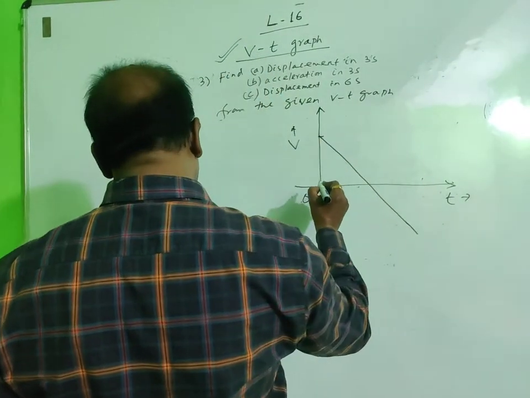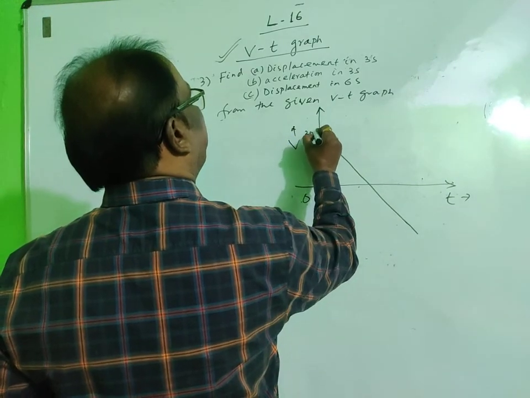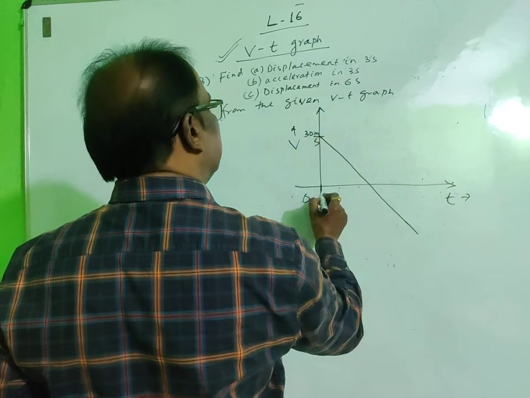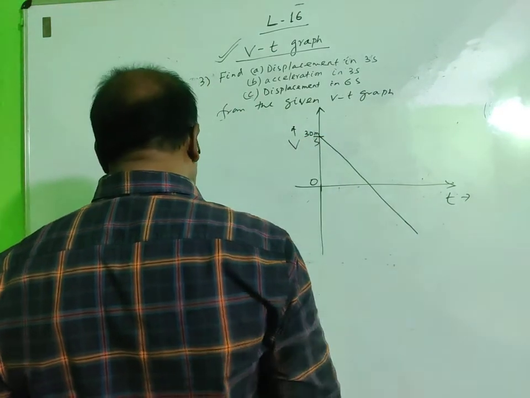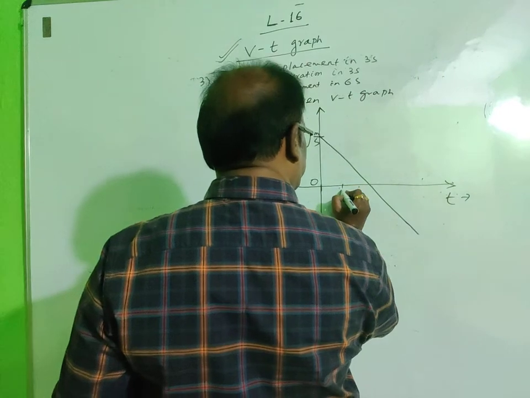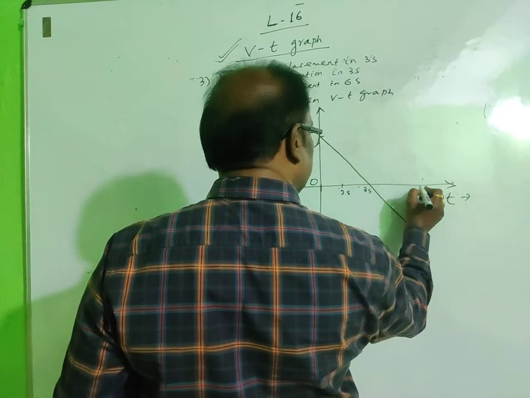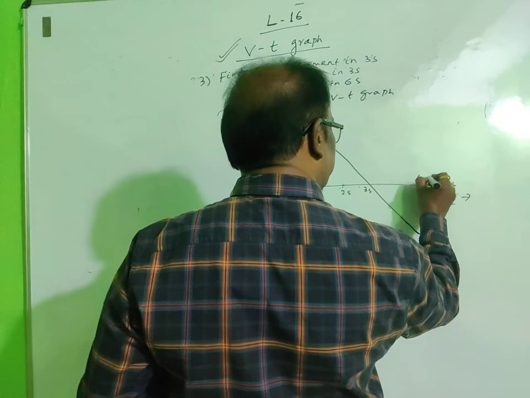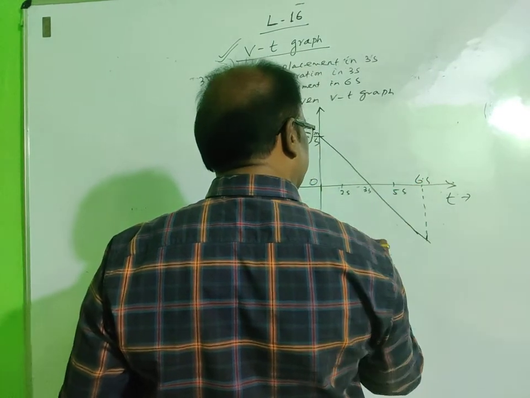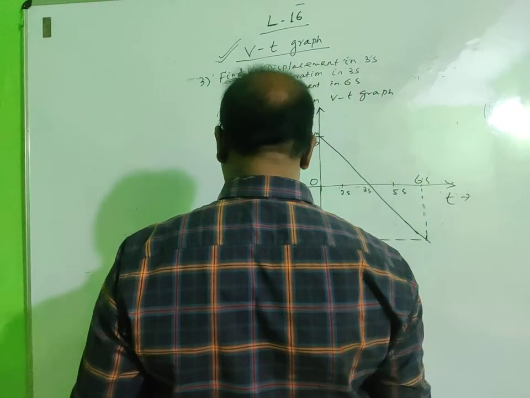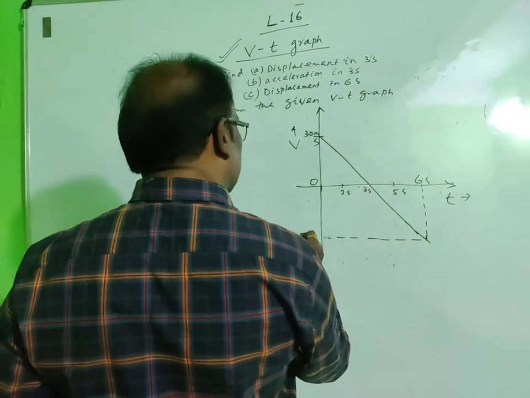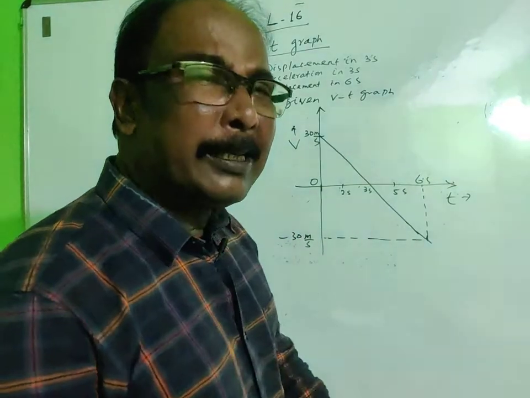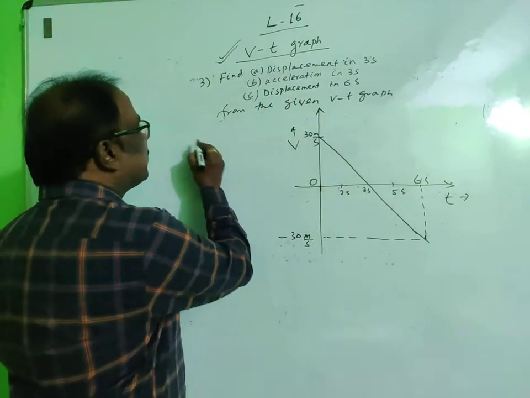This value is given, value of velocity 30 meter per second. This is origin 0. This is 2 seconds. This is 3 seconds. And finally, this is 6 seconds and this is 5 seconds. Okay. And this is given minus 30 meter per second. Okay. Then let's calculate. It is very easy.